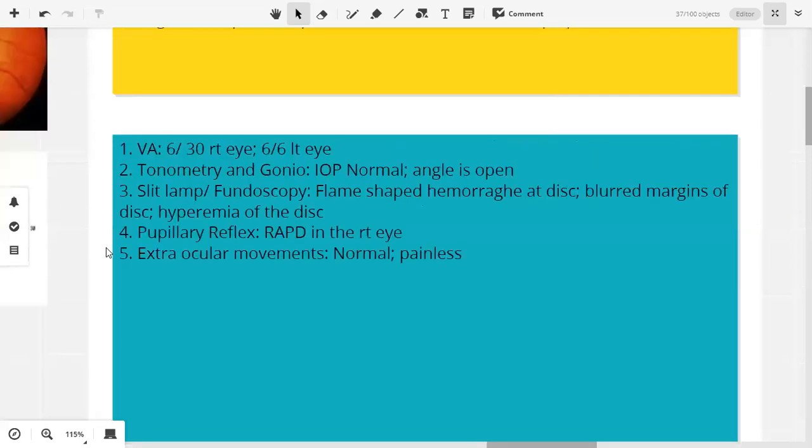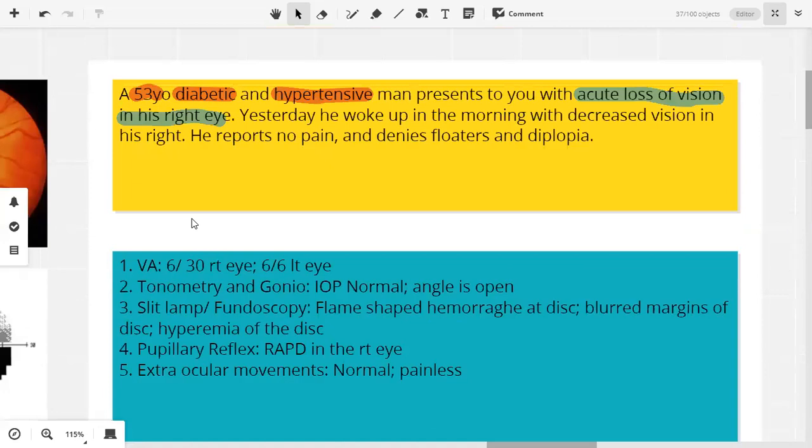So what are the differences in this case, on the basis of examination, from the two we did last time? We discussed papilledema and we discussed papillitis. What are the differences? We're seeing things differently here. One thing is the same, that is the visual acuity.